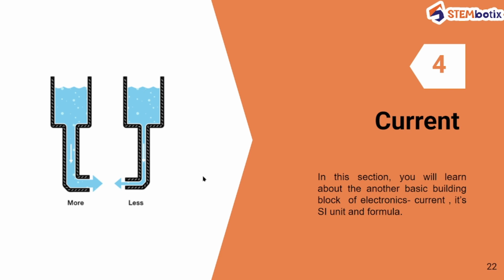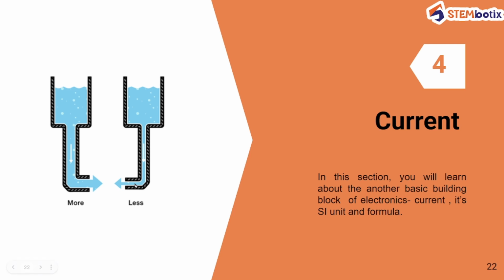In the previous voltage category, we saw this kind of tube. Now, in this section, we have two different pipes. As seen in the image, the diameter of this pipe is more, while the diameter of this pipe is small.